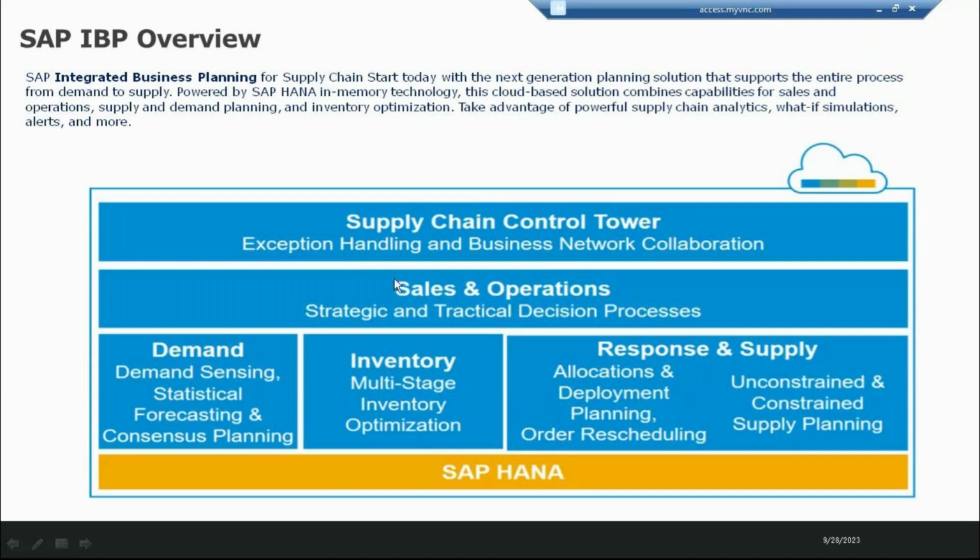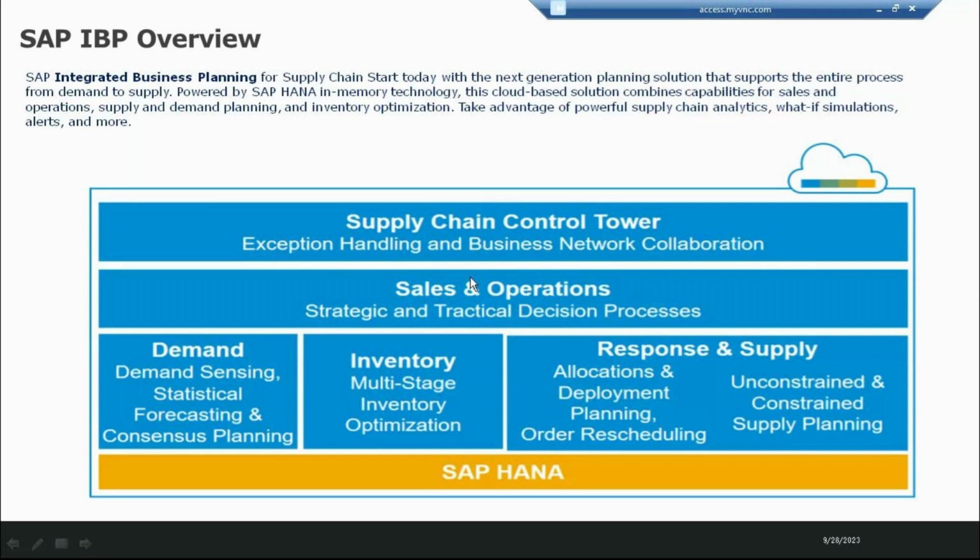And here you can see there is another module called S&OP, sales and operations planning. This is basically a lighter version of demand planning and a lighter version of supply planning. For example, some small companies want to implement SAP IBP, and at the same time they don't want to invest too much money in the software. In that case, they can take only the S&OP license, so that they are able to do the demand planning and the supply planning.